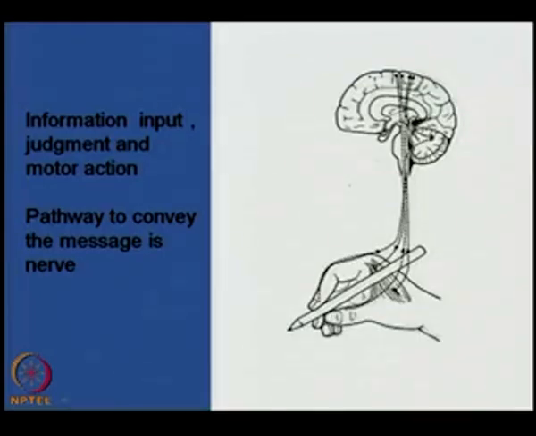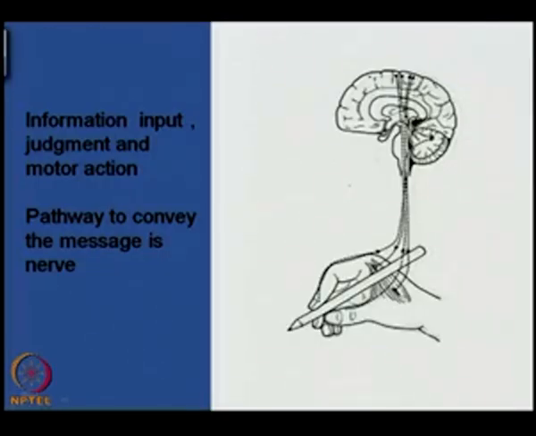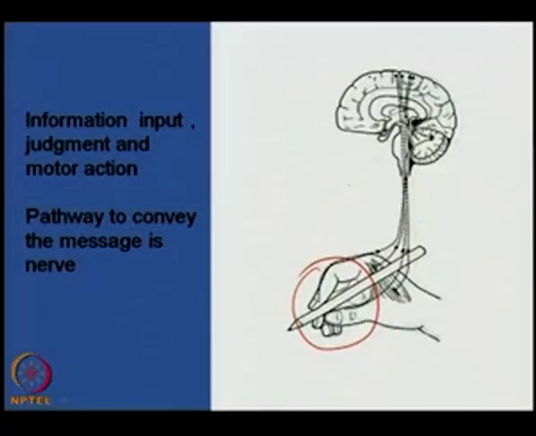Now, in this case we can say that while operating, how much pressure and force is required here depends on the force pressure we are applying on it, and that gives an input to the brain, which judges, and whatever is being written here, another input goes through the eyes, and in a combined judgment the input comes to the specific muscles, how much pressure to be exerted for a skillful movement.